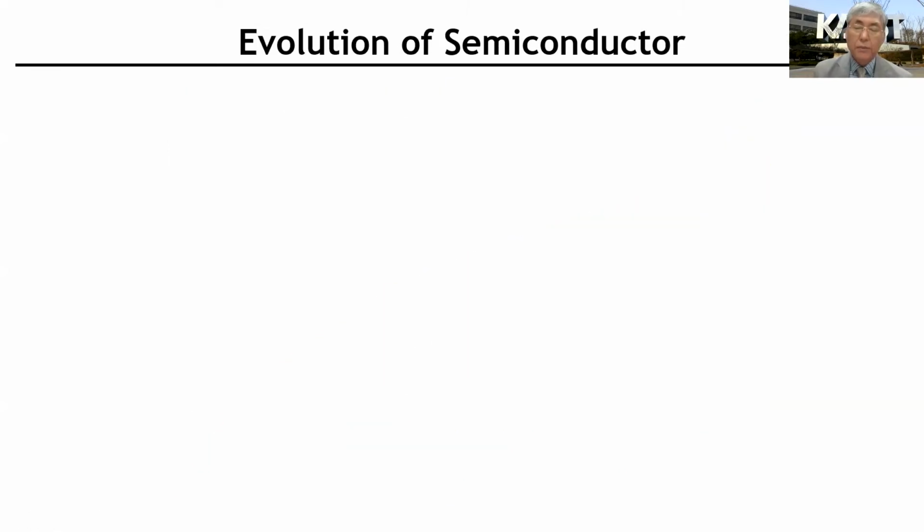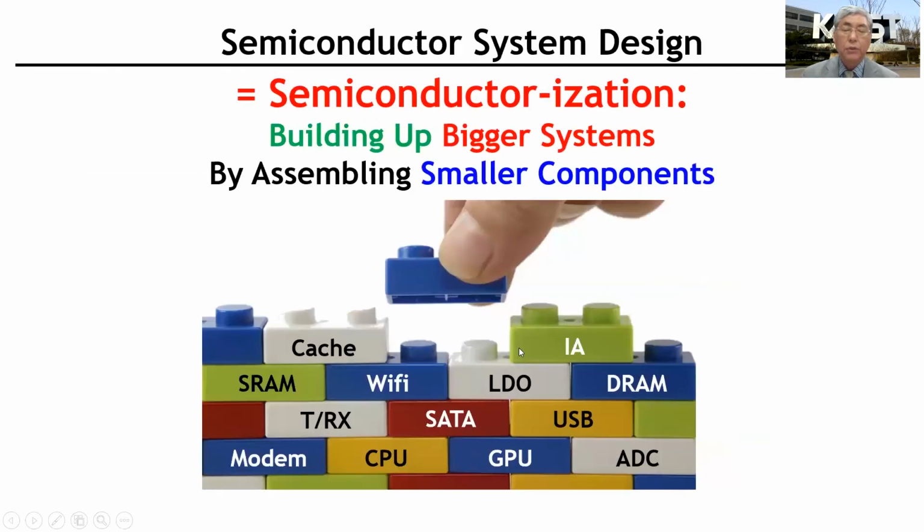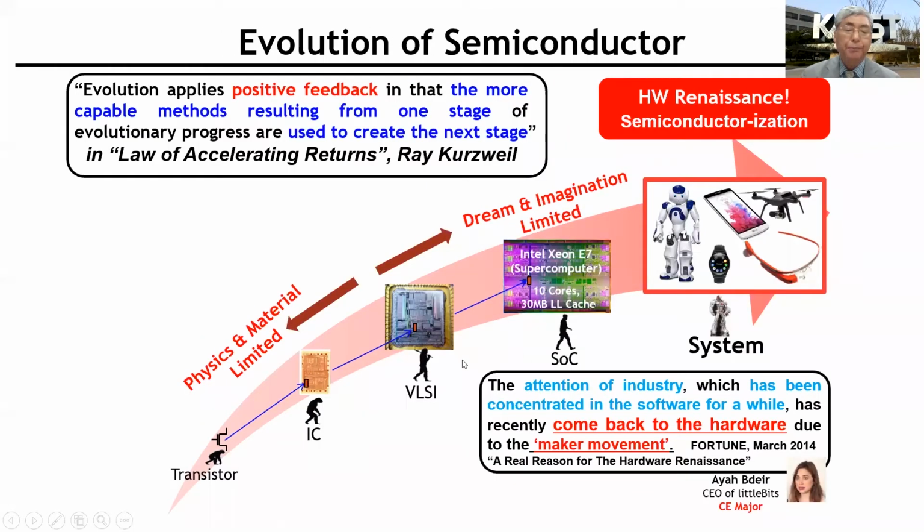Let's think about the evolution of semiconductors. The transistor was invented in 1948, and then it evolved into the IC, the integrated circuit, and IC evolved into VLSI, and VLSI evolved into the SoC.